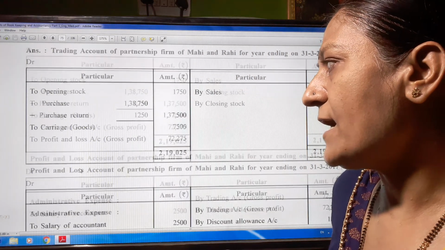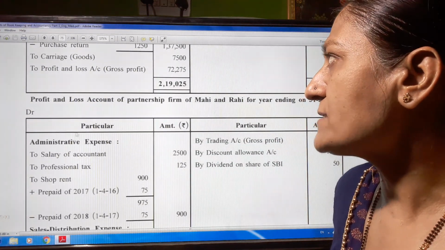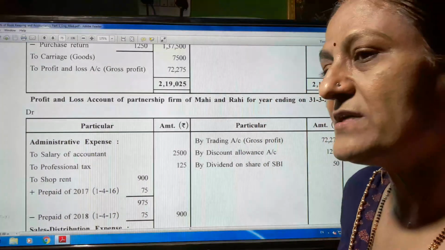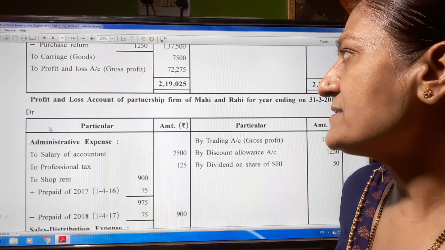So next our account is the profit and loss account of the partnership firm of Mahi and Rahi for the year ending 31st March 2017. Debit side particulars and amount.